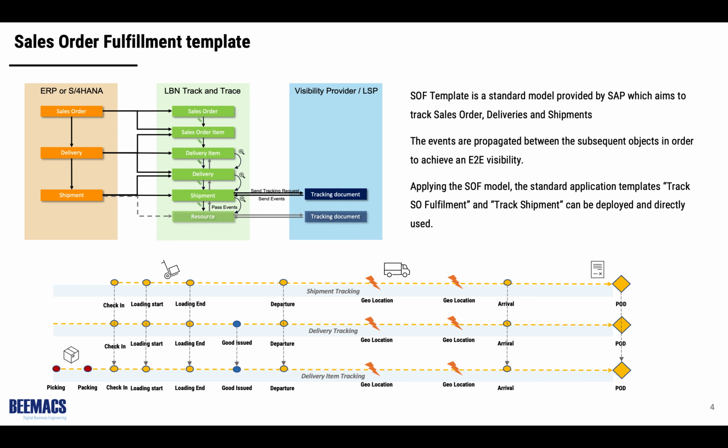For example, we could integrate the actual picking or the goods issue of the delivery from the warehouse management system, or we could receive information about goods in transit from a real-time visibility platform. And then potentially the POD can be integrated directly from the carrier using the standard API.